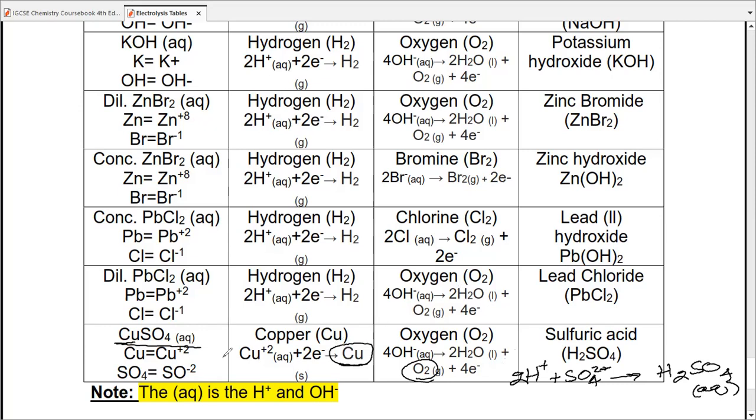You don't just need to go with the background chemistry according to these tables. You're also supposed to talk about the visual observations. Copper sulfate is a blue colored solution. When you move along with the electrolysis, the color of the solution pales. So it becomes lighter and lighter because copper, a red-brown metal, deposits at cathode and a colorless gas bubbles out at anode.